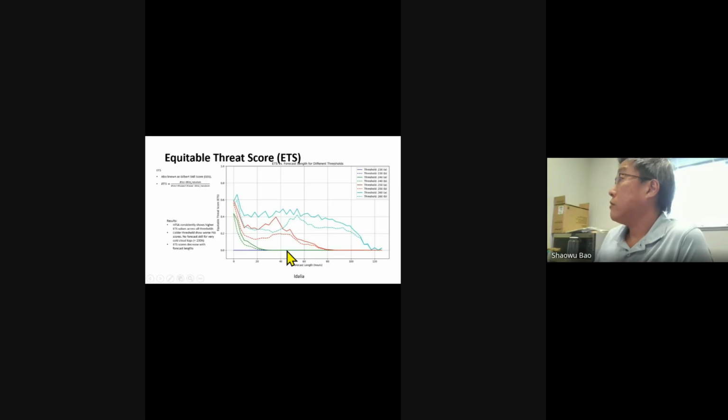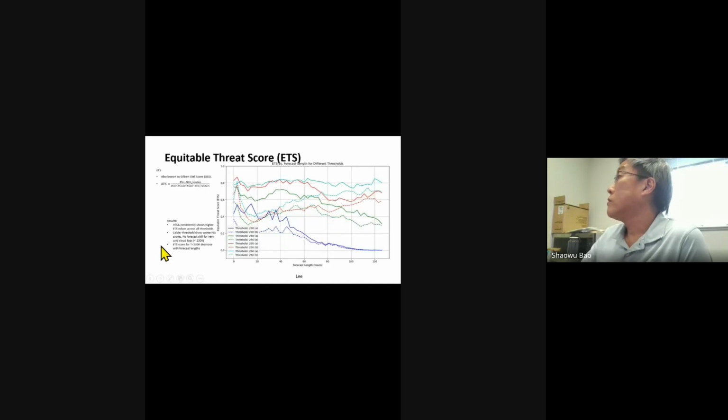But in terms of the comparison between A and B, obviously, again, it's HAFS A consistently having a higher score than HAFS B. This is the same thing for Hurricane Lee. Again, we can see the solid lines are all having a higher score than the dashed lines. HAFS A better than HAFS B.